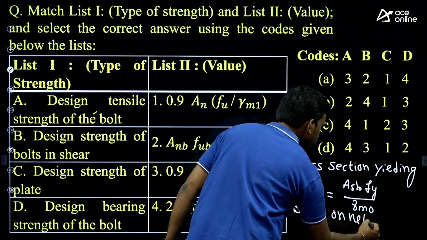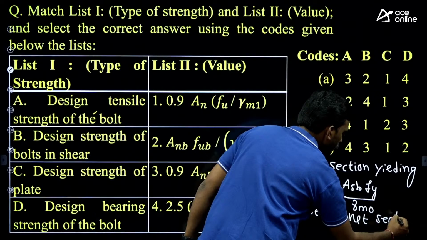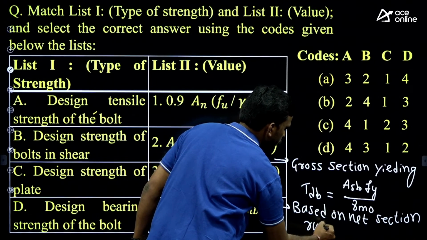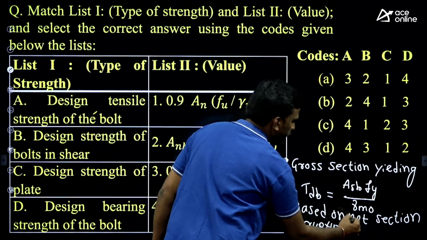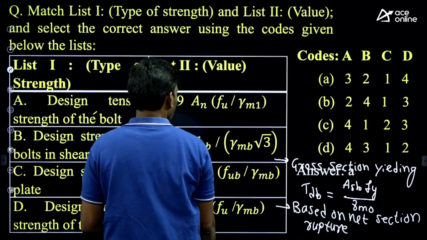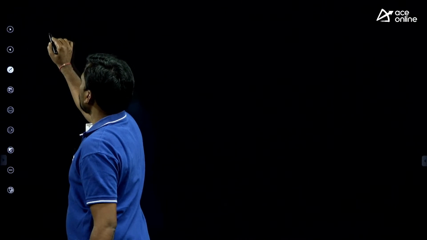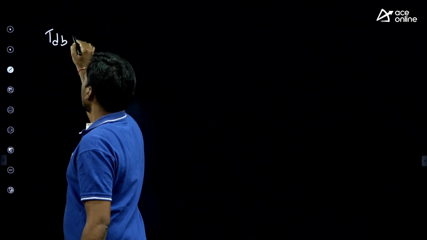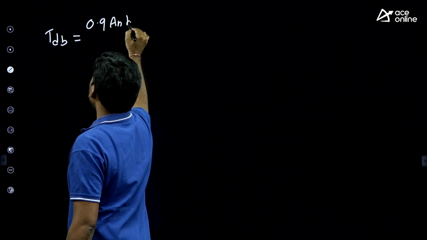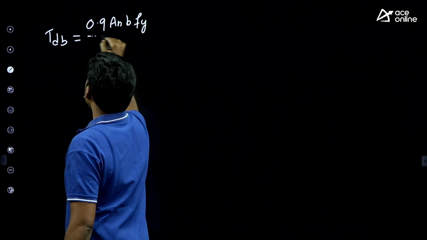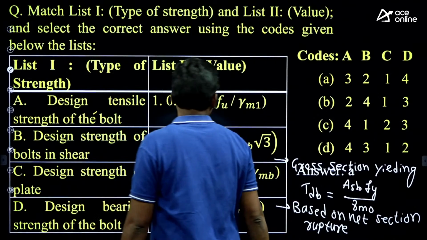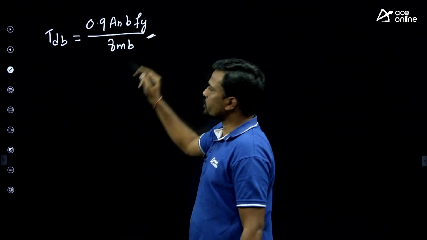What is the formula based on net section rupture? I'll write it on the next slide. So here TDB equals 0.9 ANB Fu divided by gamma MB. This is based on net section rupture.